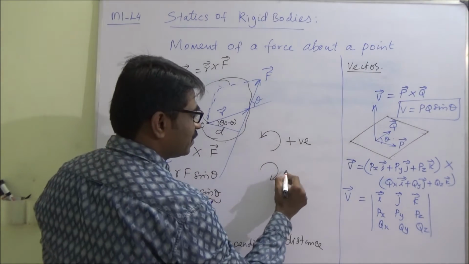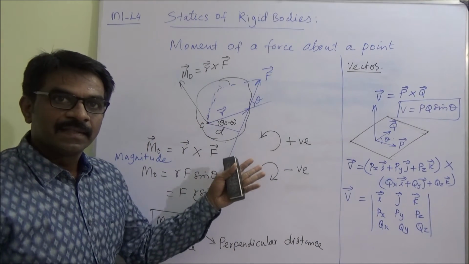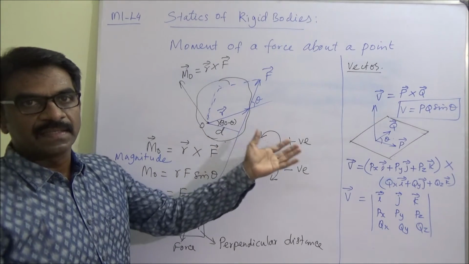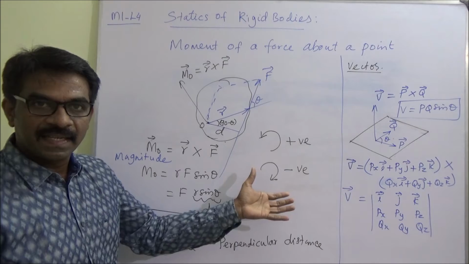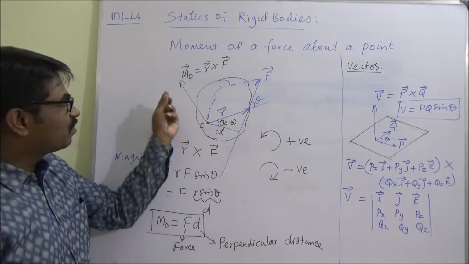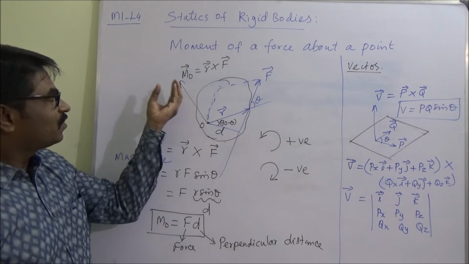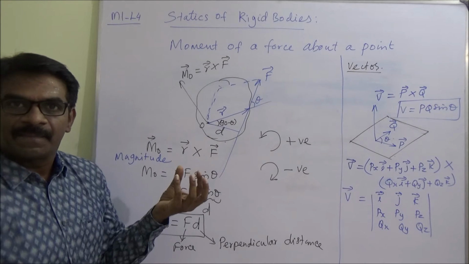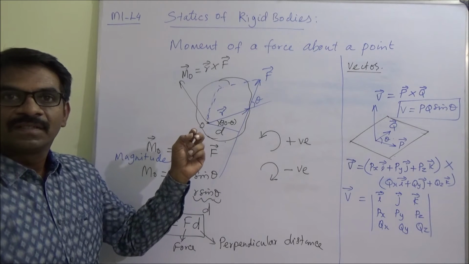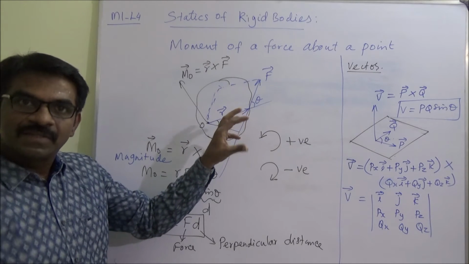So this becomes negative. It's a free choice. Conventionally we take anti-clockwise as positive, clockwise as negative. So moment is a vector which has a magnitude and direction. Then what does this moment signify? It is a measure of the tendency of the force to rotate the body.